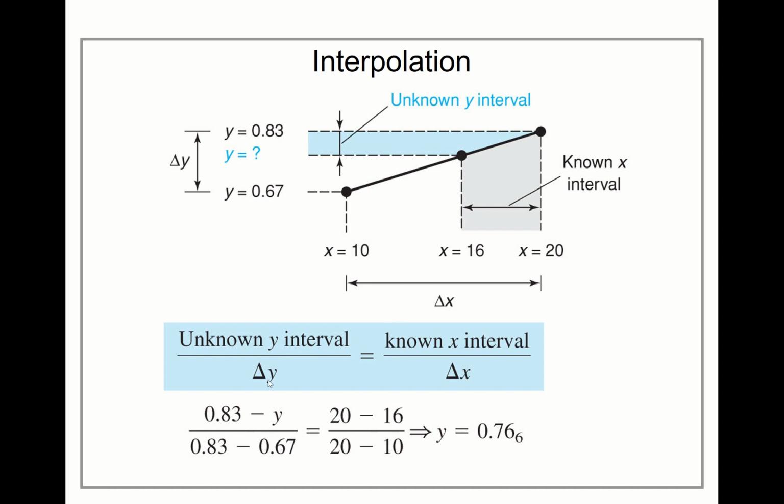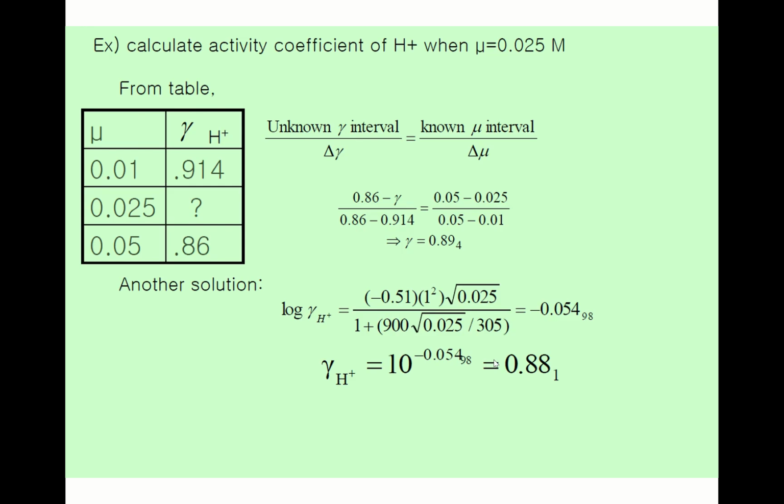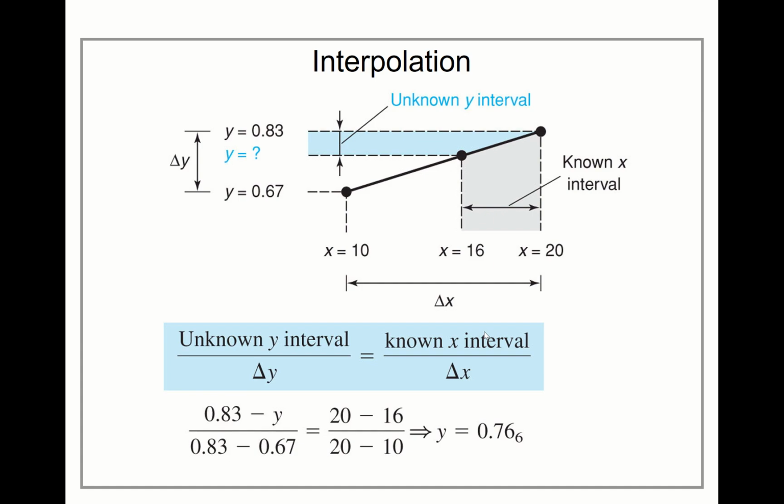And delta y is 0.83 minus 0.67, and the difference in x is 20 minus 10. Using this equation we can get y, which is now 0.766. This is the technique of interpolation. You use these values from the table, and then you get the middle points.